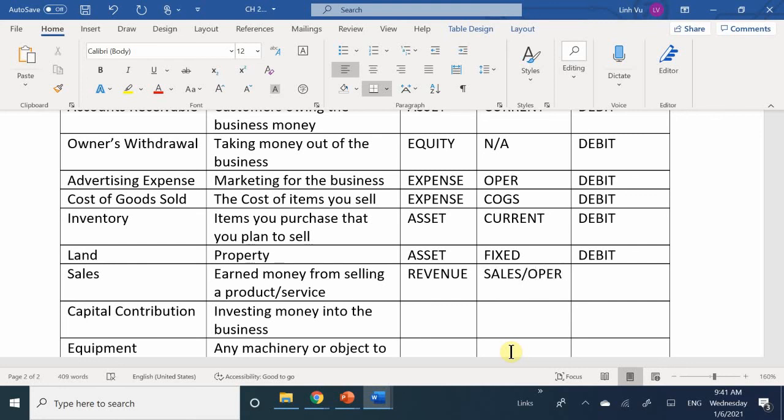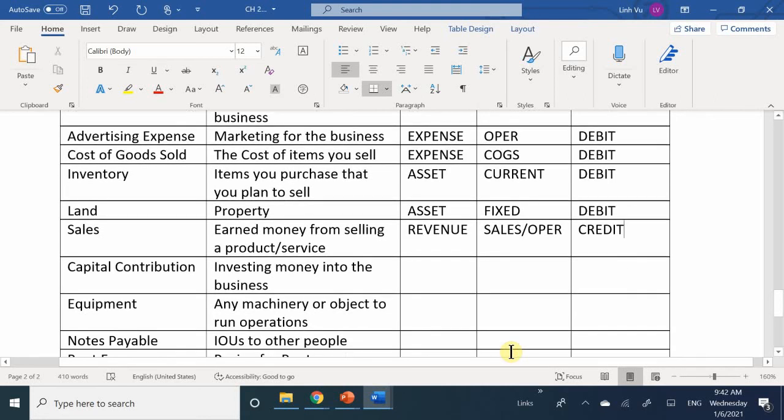Good. And it normally has what kind of balance? Credit. Good. Sales is a revenue. So make sure you look at that little normal balance sheet or the accounting model. It's going to show that it's normally increased by a credit.